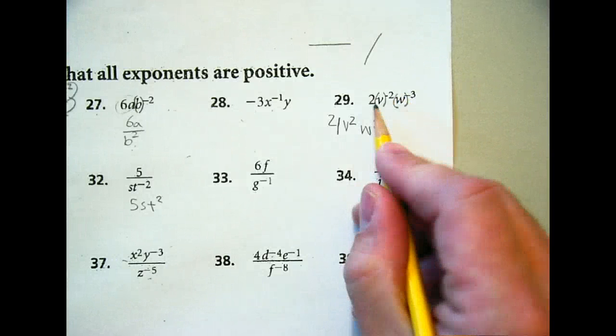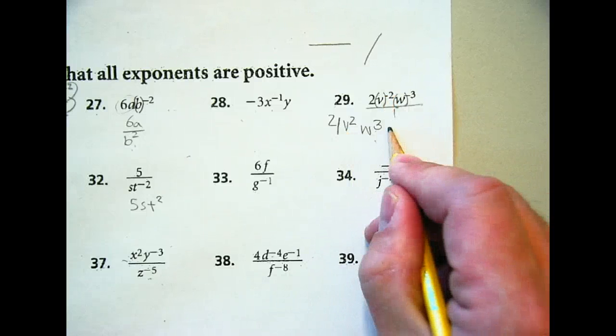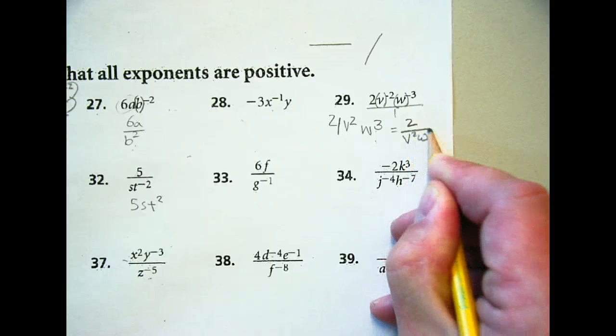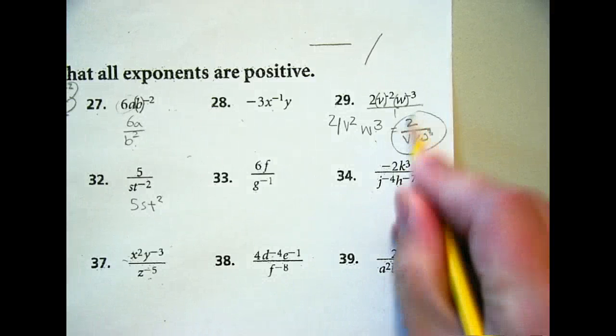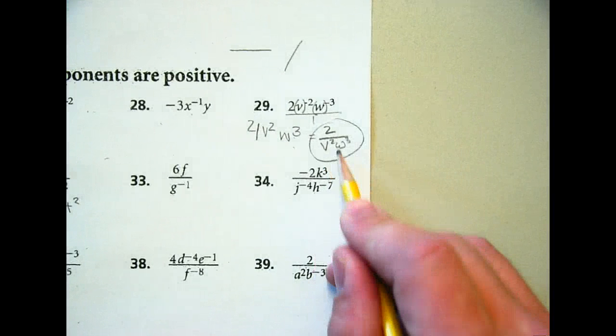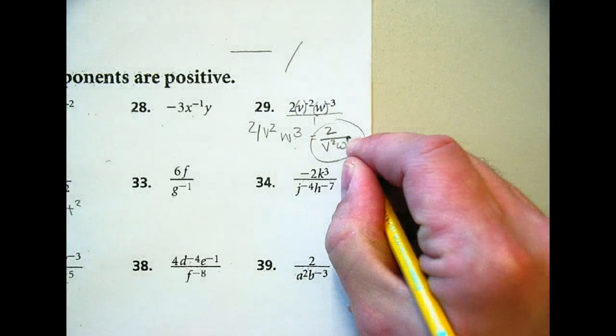Both of those move to the other side. Well done. This is read as 2v squared w cubed. Make sure your powers are up in the superscript position.